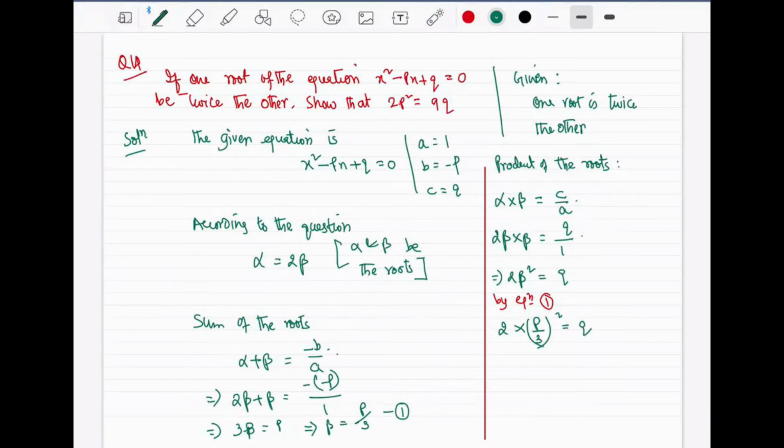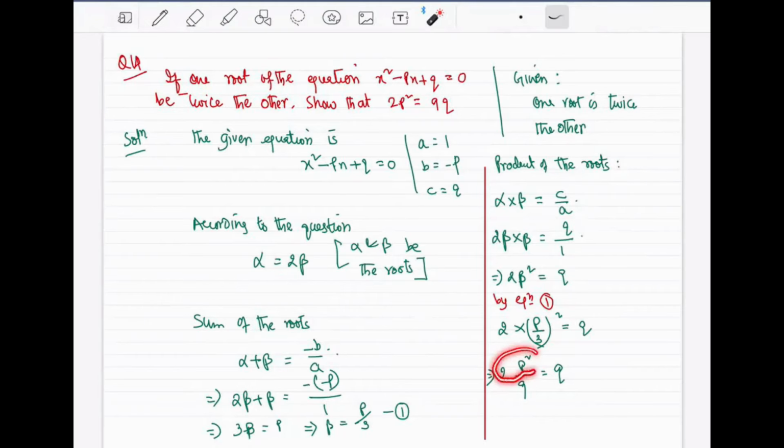Open the bracket. We square the numerator and denominator. 2 times, the numerator p squared, will be p square. Denominator 3 squared will be 9, is equal to q. What did the question want? The question wanted us to show that 2p square is equal to 9q. So do cross multiplication.